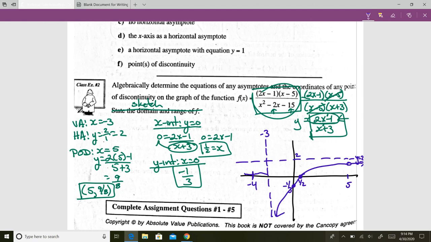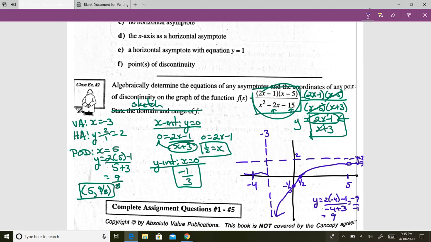Put it into your function. So if I put -4 into here, I'm going to get y is equal to 2 times -4 minus 1 over -4 plus 3. That's going to give me -8 minus 1 is -9. -4 plus 3 is -1, which gives me 9.